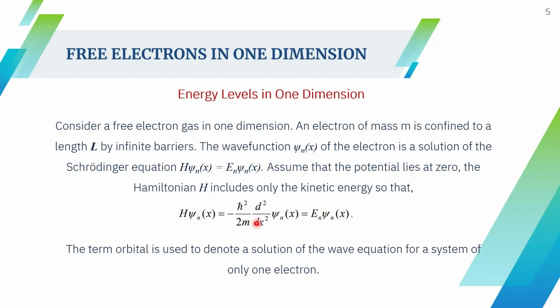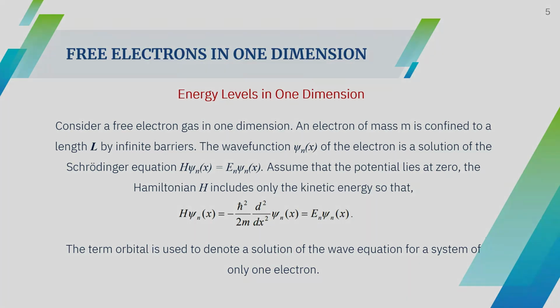Now, here En is the energy of the electron in the orbit. Here we use the term orbital, which denotes a solution of the wave equation for a system with only one electron.